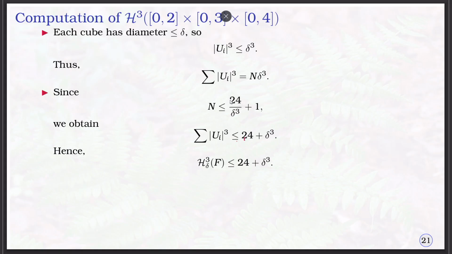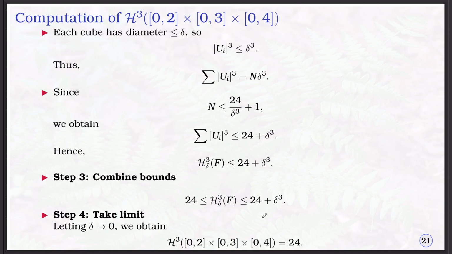By comparing these, we get the upper bound 24 plus delta power 3. This is 24. Again, if delta tends to 0, this converges, so it goes to the number 24. So one can get the volume equal to 24. So by taking H3, one can get the value 24.